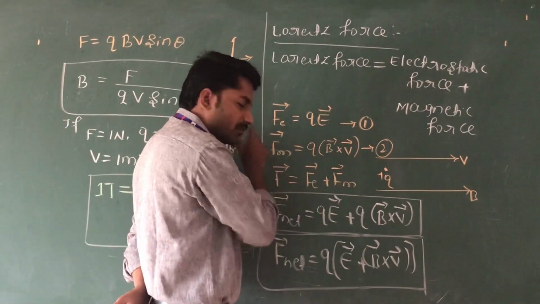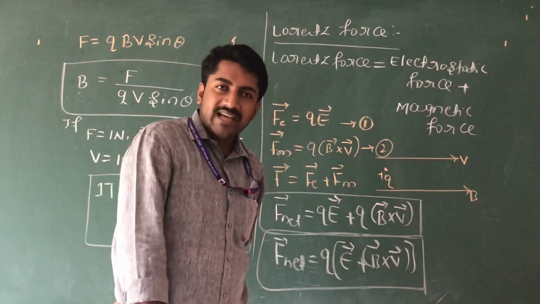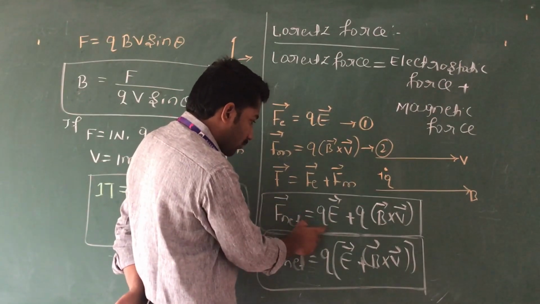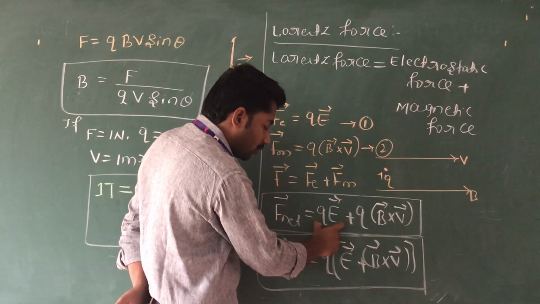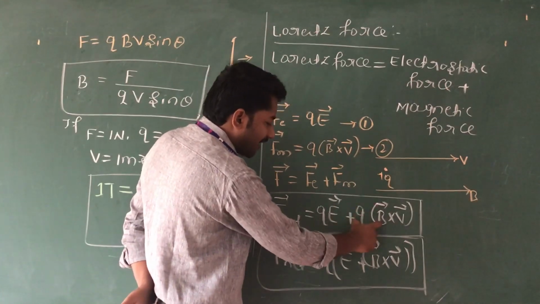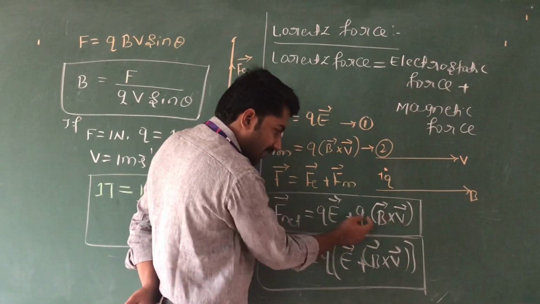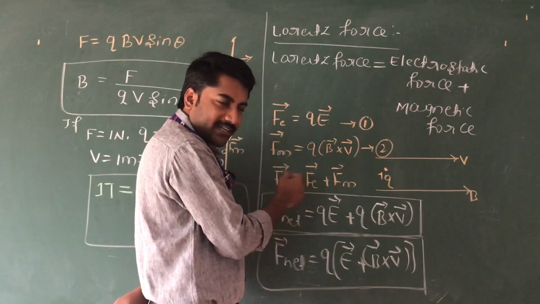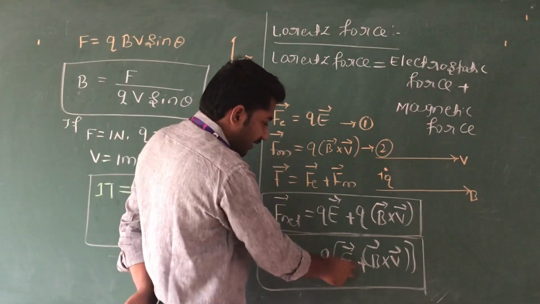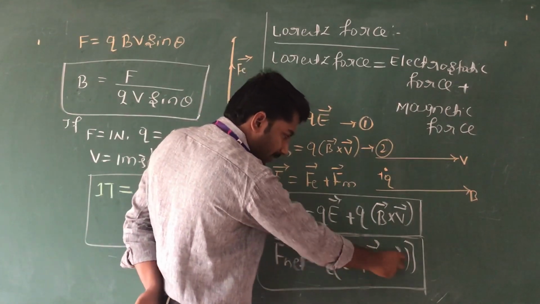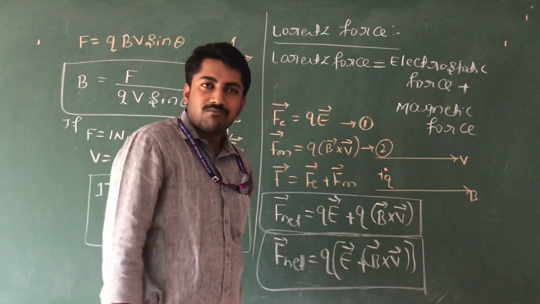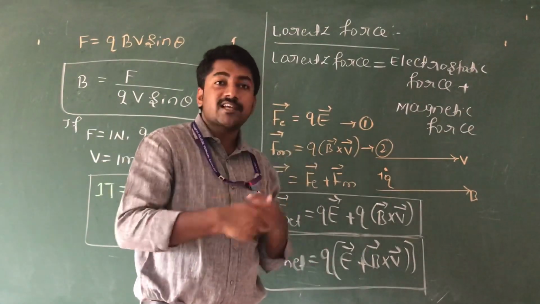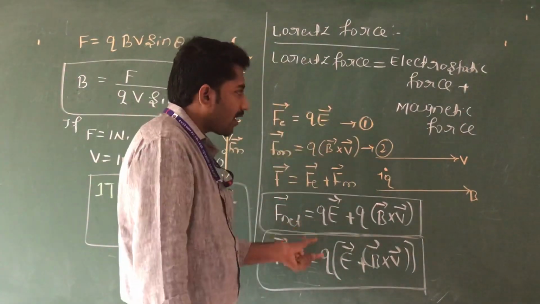This is the net force experienced by the moving charged particle, equal to QE plus Q into B cross V. Here Q is common, the charge of that particle, E is the electric field, B is the magnetic field, and V is the velocity of the moving charged particle. Due to the moving charged particle, the magnetic field is produced. This is about Lorentz force.